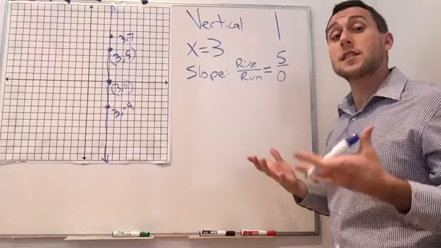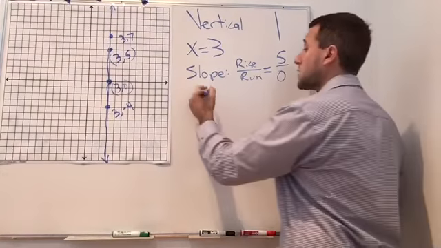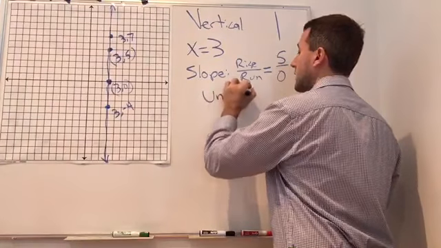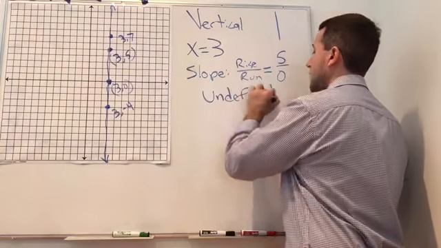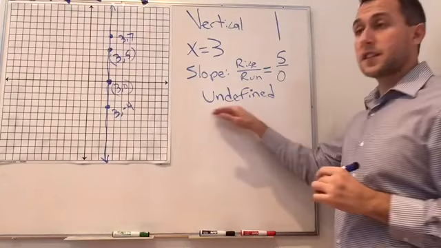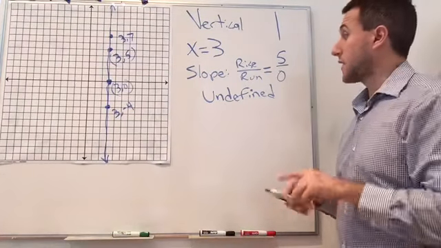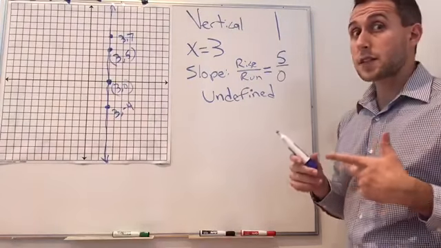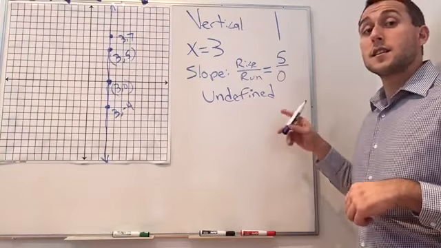It doesn't make any sense, right? So the slope of every single vertical line, we just write as undefined. This is the slope of every single vertical line ever. I know it's not a number answer. It's the only time your slope's not going to have a number answer, but it's undefined.